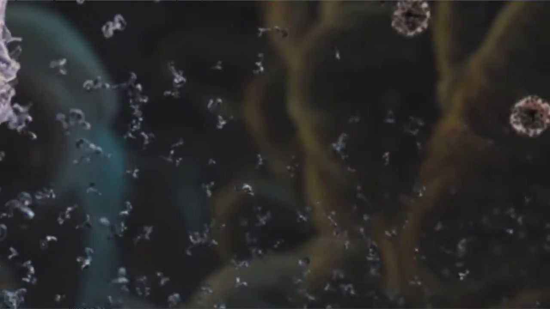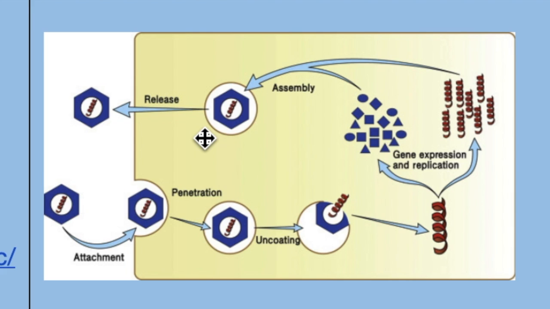So here's another diagram I got. I know that it's useful. We teachers know to look at a bunch of different pictures for understanding this process. So I shared a video with you, and I've shown you 2 different pictures. This diagram has labels on it: attachment, penetration, uncoating, gene expression and replication, and then assembly, and then release.